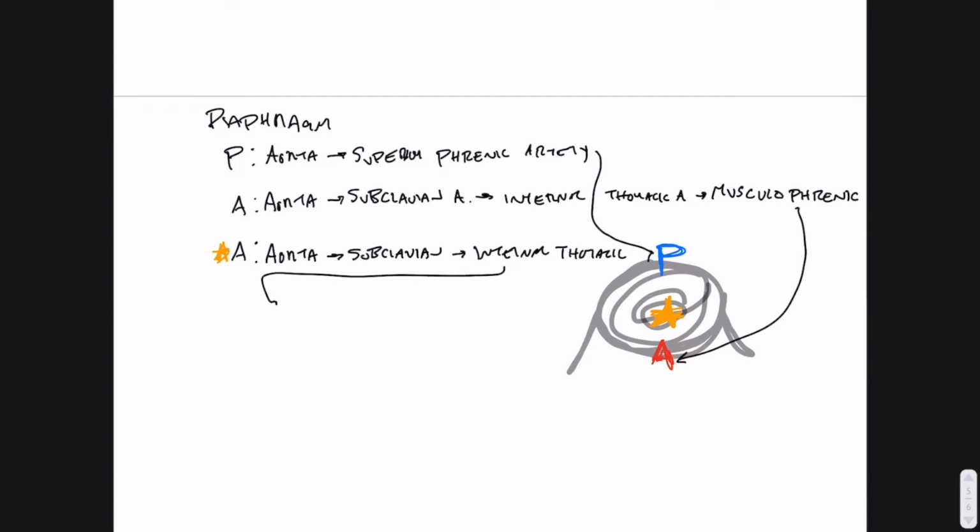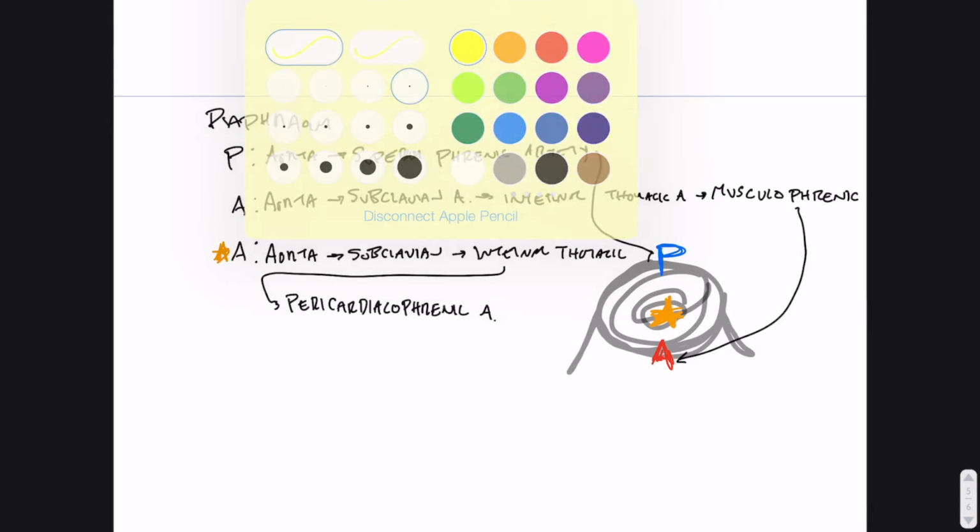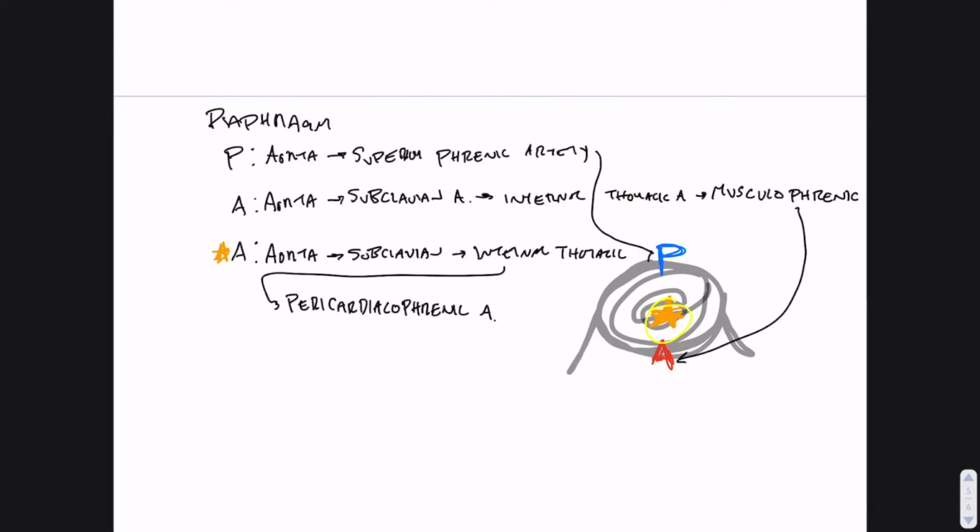And then that internal thoracic just sends off a branch. This isn't so much at the distal end as it is the more proximal end of that artery. There's an artery called the pericardiacophrenic artery. That is the artery that's going to supply that top part of the diaphragm there.